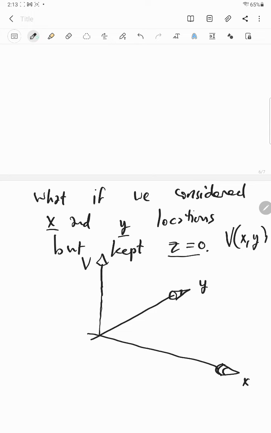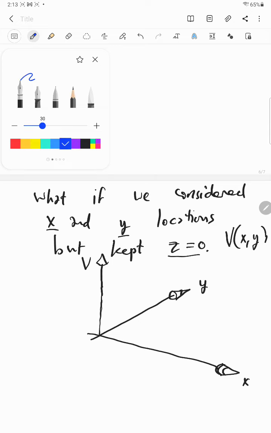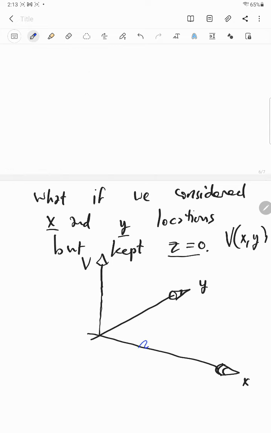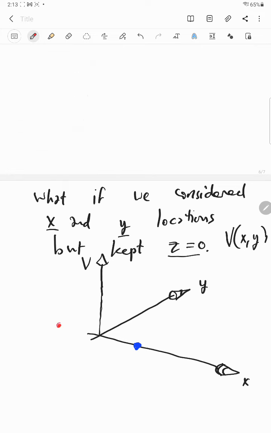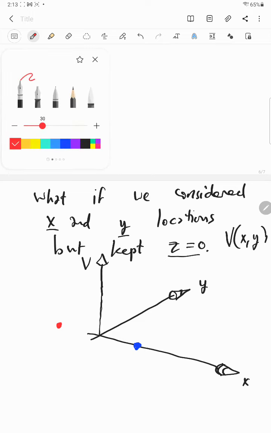And so if you do this, let's put the charges down again. So here's the positive charge. And this time I'm just going to draw a blue dot to represent the positive charge. And I'll draw a red dot to represent the negative charge. And I'll put it the same distance, but on the other side of the origin. So there's the 2 charges. And then I'll draw the potential.